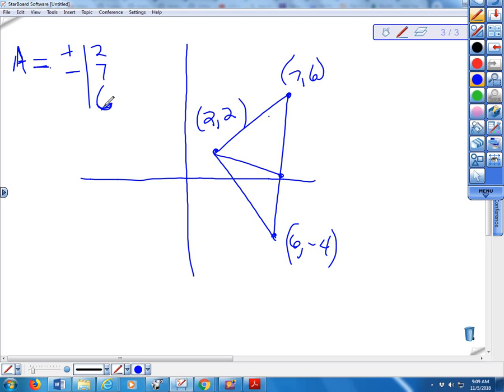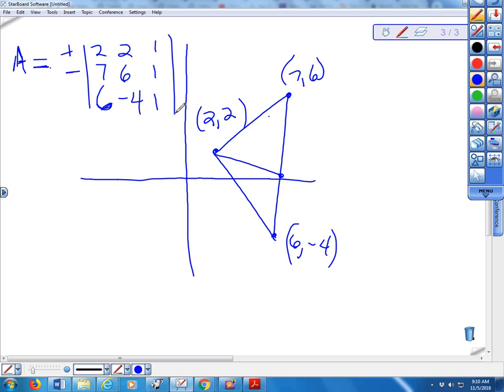You're going to put the y's in the second, but they have to match the same coordinate point. So this would be 6, this would be -4. With me so far? Just putting the x and y's. And then you're just going to come down with 1s.